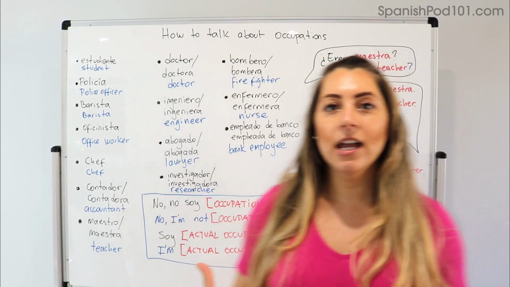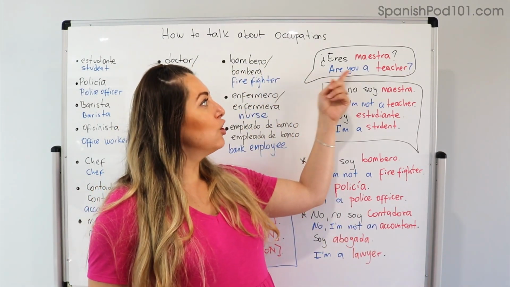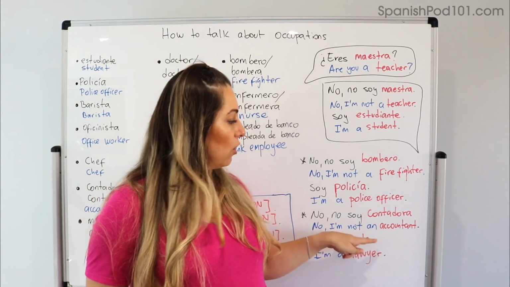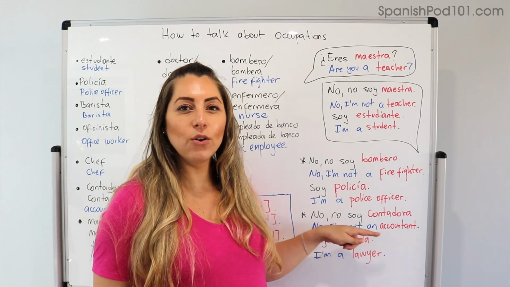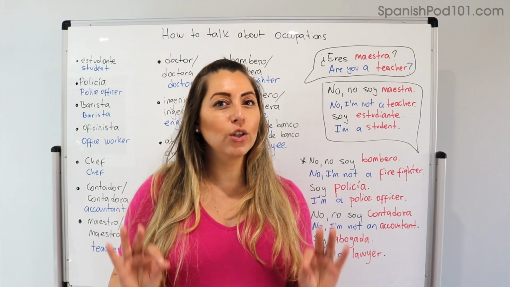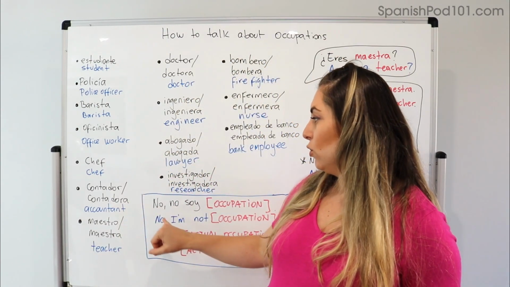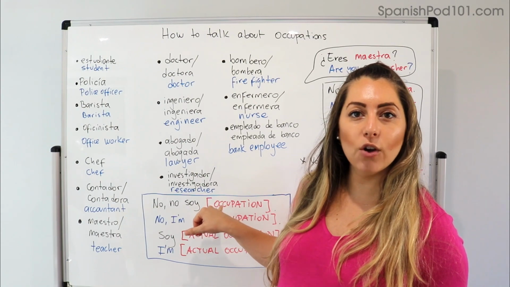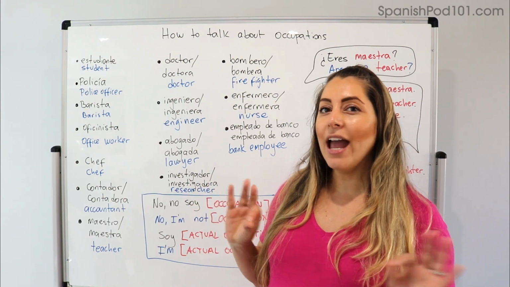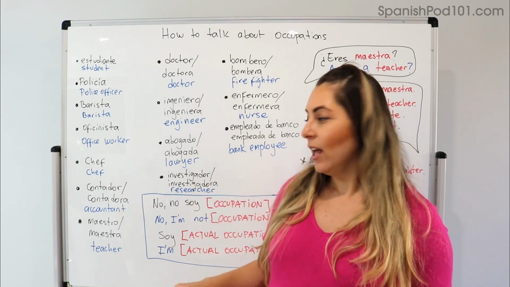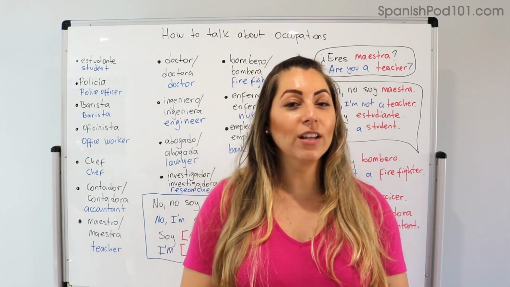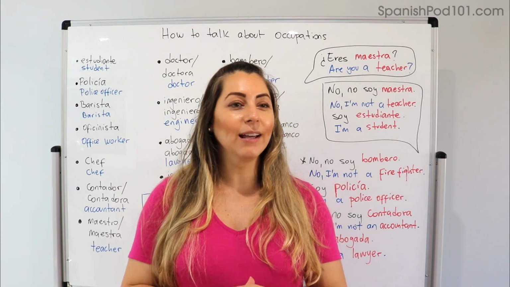I know that in English, we say, are you a teacher? Or I'm not an accountant, so we add that non-specific article before the occupation in English. In Spanish, we don't do that. You just say no, no soy plus the occupation, and soy plus your actual occupation. There's no non-specific article in Spanish when we talk about occupation.